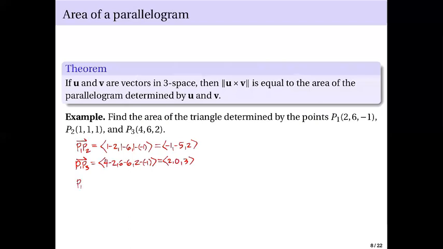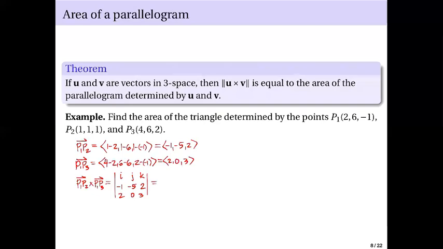Then, next step, we get the cross product. So we have here I, J, K in the first row. Second row, it's negative 1, negative 5, 2. Third row, it's 2, 0, 3.